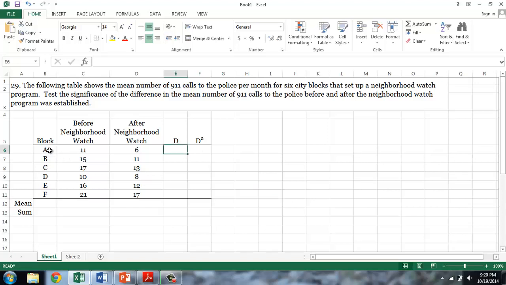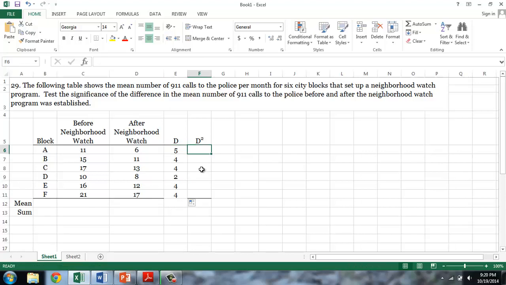So for block A, before the neighborhood watch, there were 11 911 calls to the police per month. And after the neighborhood watch was established, there were 6 911 calls. So the difference is equal to 11 minus 6, or 5. I can copy this formula into the D cells for each of the remaining 5 blocks.